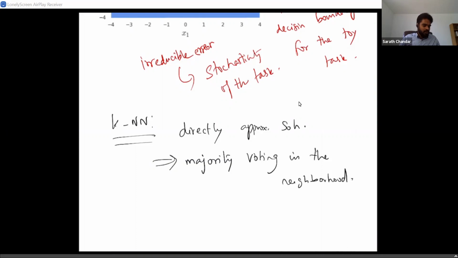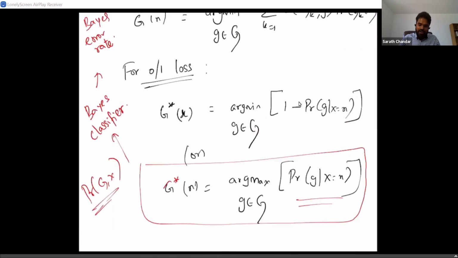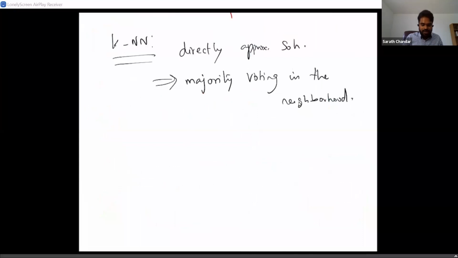The conditional probability at a point is relaxed to a conditional probability in the neighborhood. So this is approximated. Similarly, instead of having the true distribution, we are going to have our probabilities estimated by the training sample, since we don't have access to the true distribution. That is how K nearest neighbor is approximating this.